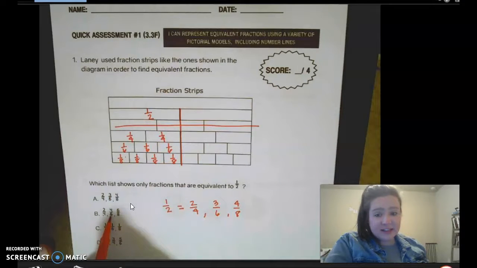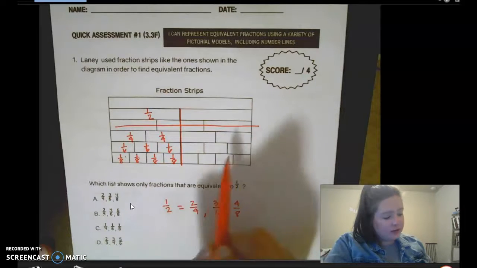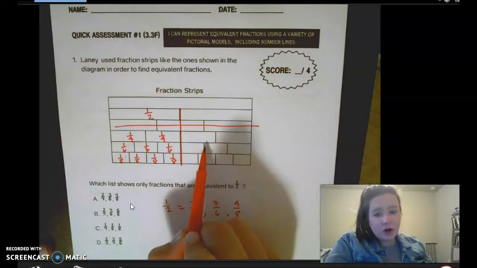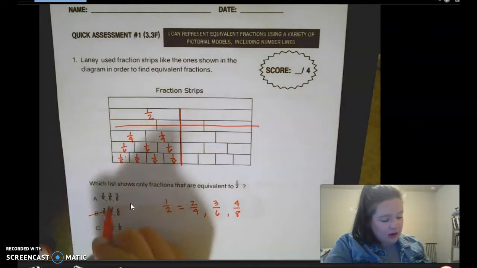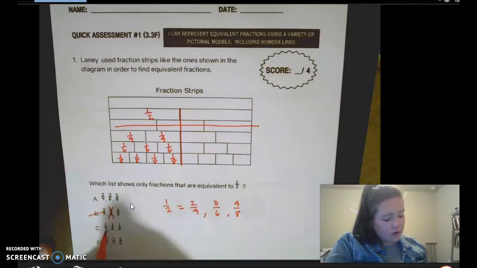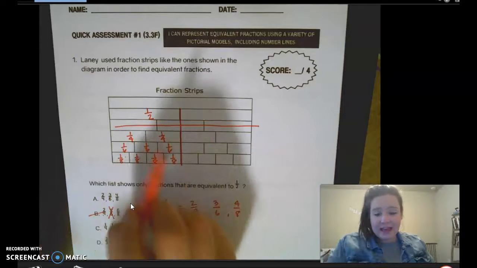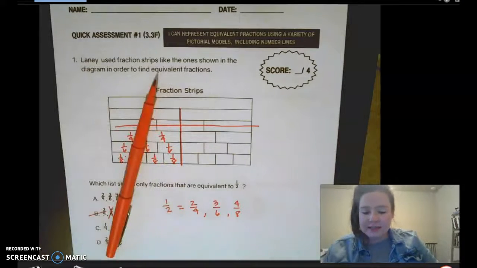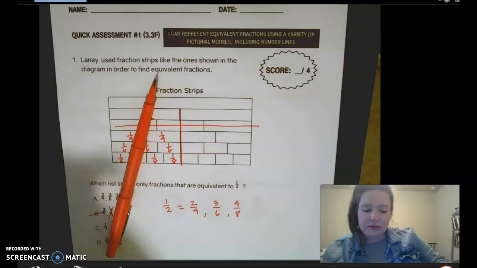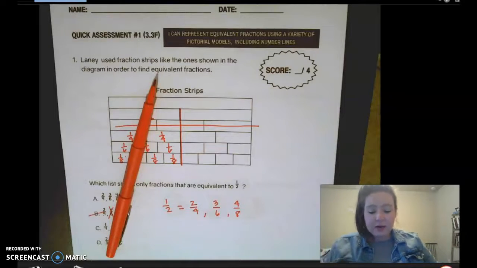2/4, 4/6. 4/6 is not equivalent to 1/2. 4/6 is out here on your fraction strips. So that one makes it wrong. 1/2 is not equivalent to 1/4. And even if you wanted to, you could get out your fraction pieces and fold your paper into how we did originally.